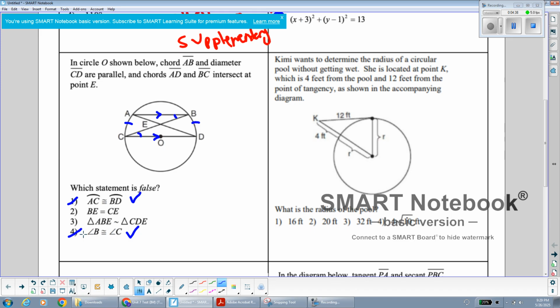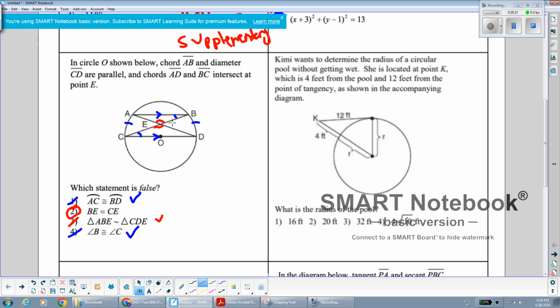Triangle ABE is similar to triangle CDE. So triangle ABE is similar to triangle CDE because we have the congruent alternate interior angles, and we also have congruent vertical angles. So we have AA, which proves the two triangles similar. True. So that leaves us with answer choice number 2.